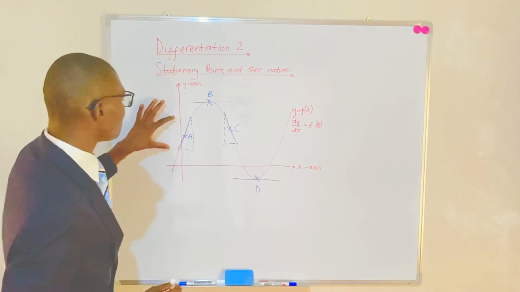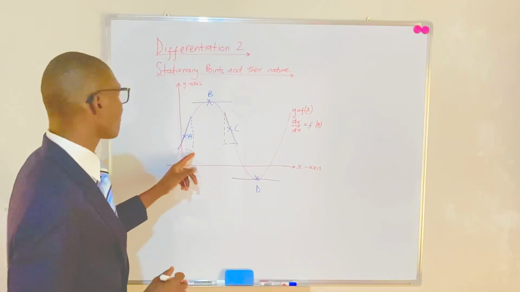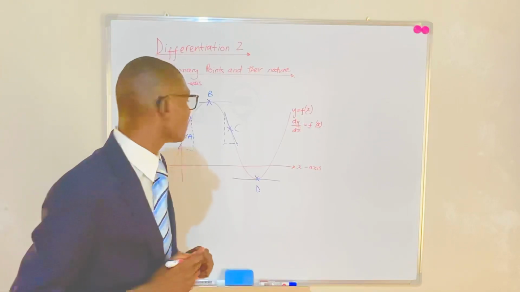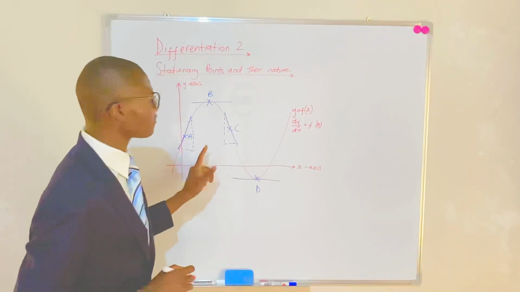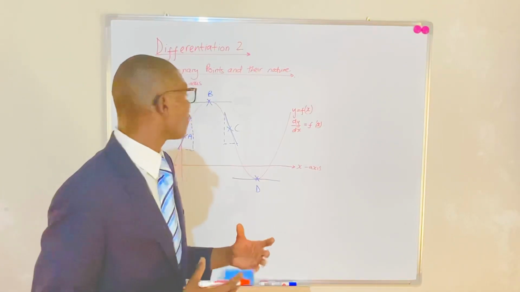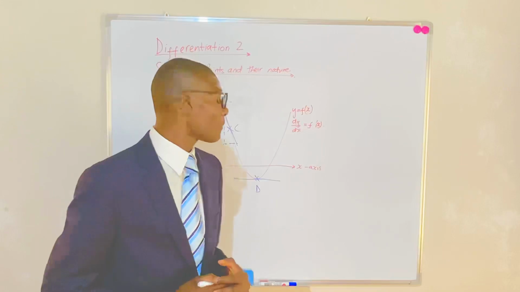We see that as x increases, the function f of x also increases. So the gradient of the curve at point A is positive, and therefore at point A this function is an increasing function.